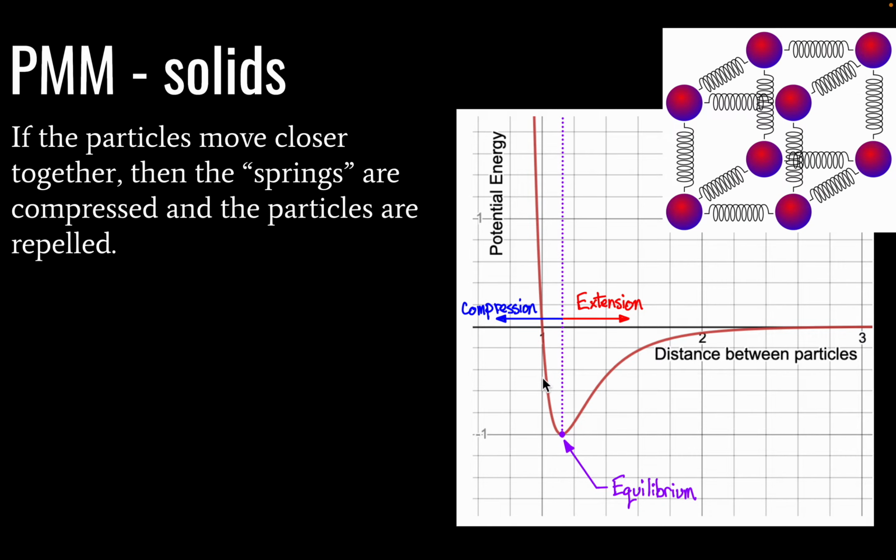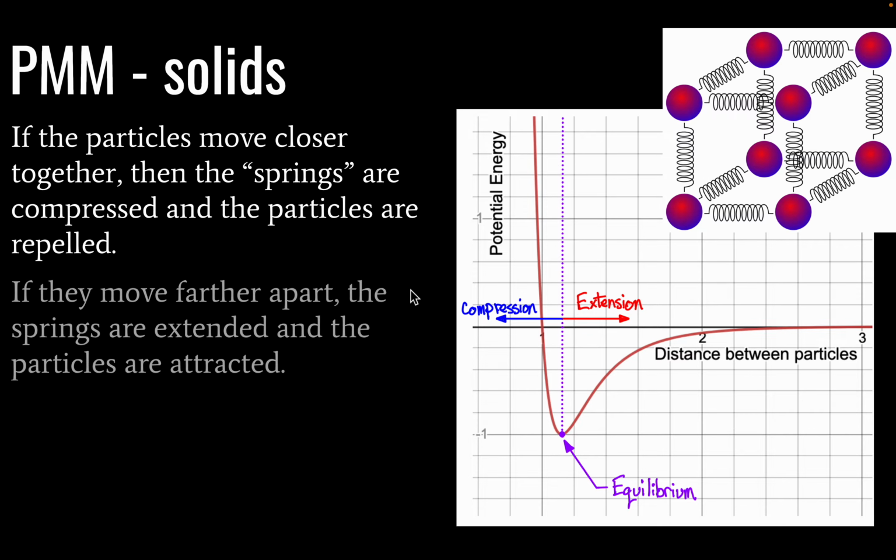Okay, so if we move our particles closer together on our chart, in the direction of this blue arrow here, then our springs are going to be compressed and the particles will be repelled from each other. If we move them farther apart from each other, if I try to pull this little ball in this direction, then the particles will be attracted to each other.